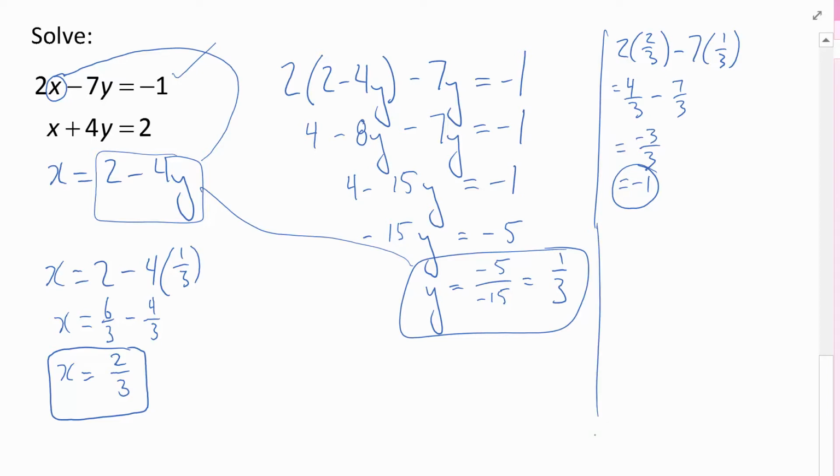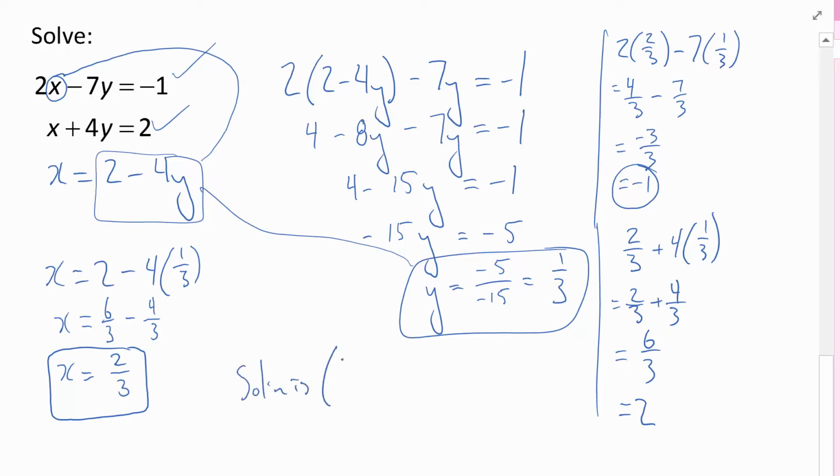I'm pretty sure it will work, but I want to verify this. 2/3 plus 4 times 1/3. This is 2/3 plus 4/3. This gives me 6/3, which is also 2. That's what the second equation is supposed to be equal. So we know that the solution is the point (2/3, 1/3).